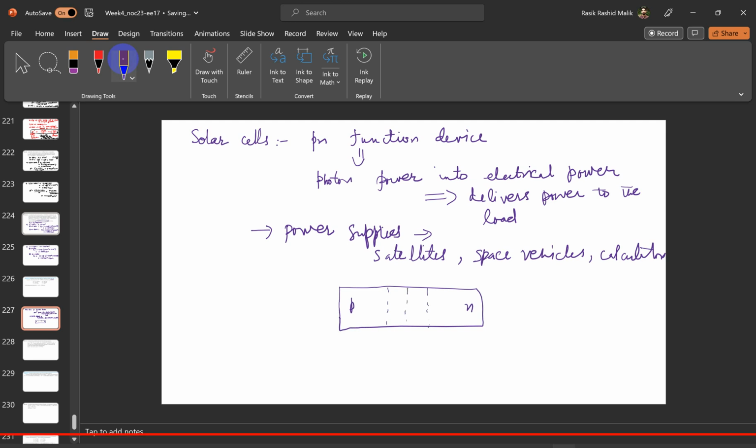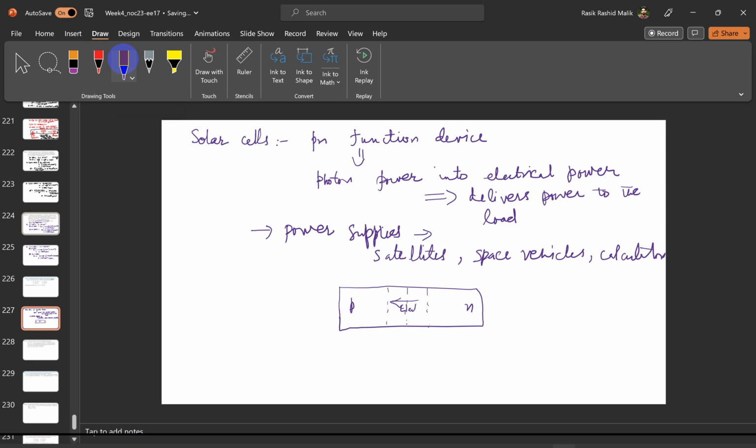Say this is the junction, and then we have some space charge existing. In the space charge we will have the electric field. The direction of the electric field will be like this. So we will have an electric field corresponding to this space charge region.